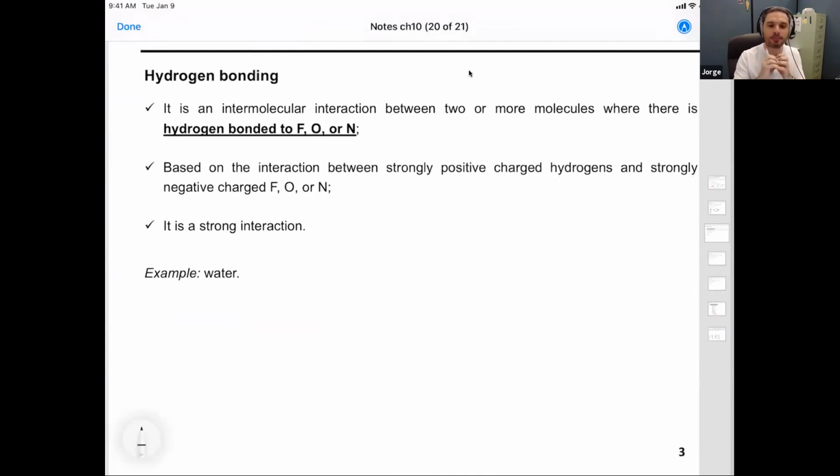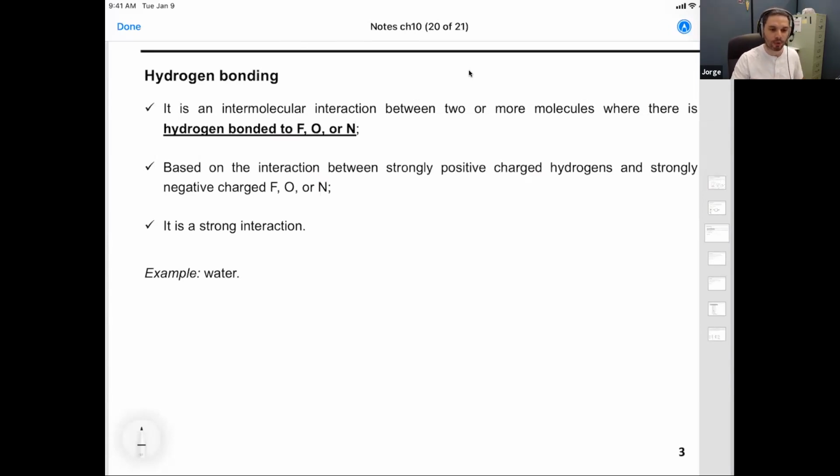It's a very specific case, and we must have hydrogen bonded to fluorine, oxygen, or nitrogen. It is based on the interaction between strongly positive charged hydrogens and strongly negative charged fluorine, oxygen, or nitrogen. Because the charges are very, very strong, hydrogen bonding is a strong interaction.